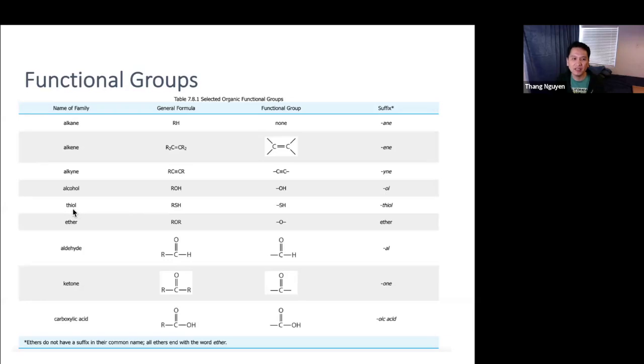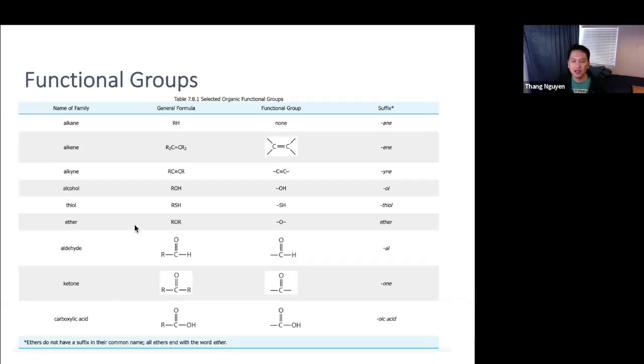A thiol is very similar to an alcohol, but instead of an oxygen, we have a sulfur. One thiol I mentioned earlier was that they spike your gas stove with a thiol compound that stinks or has an odor, so you can detect it. So that was a thiol example.